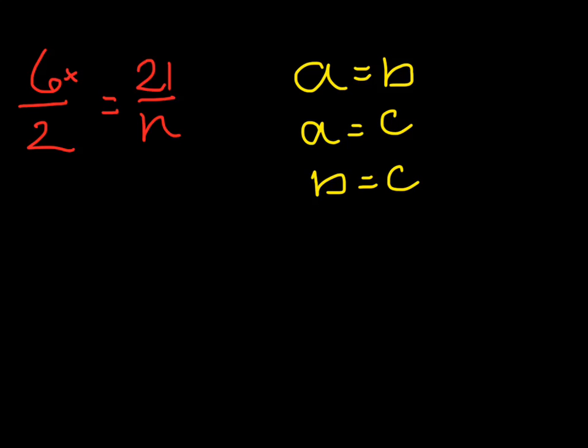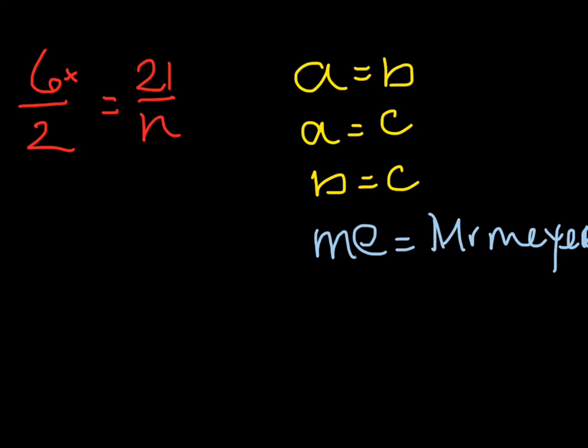Now that's a little vague and hard to understand, so let me try and present it in a different way. I could say that my name is Mr. Meyer. I'm going to say that me, my identity, is Mr. Meyer. I could also say that I have another identity, and that's Jim.